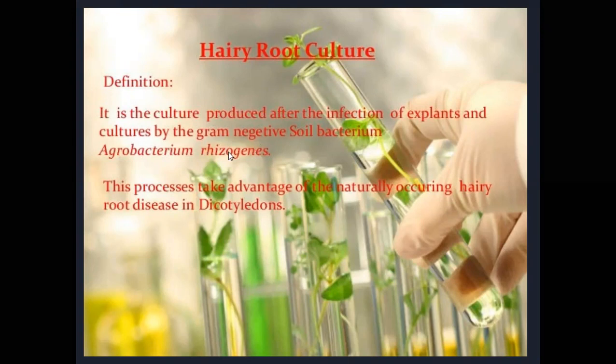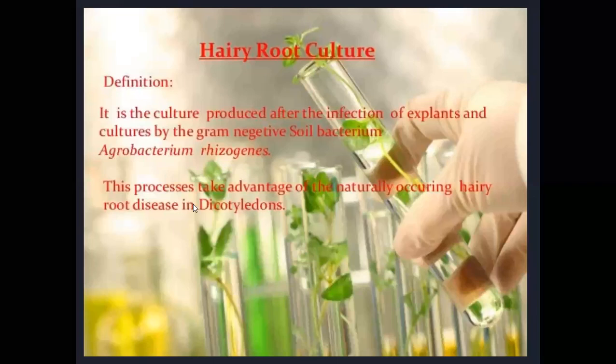When we add this Agrobacterium to the explant, automatically the explants produce only roots. The naturally produced roots are mainly healthy. They can produce secondary metabolites by the hairy root culture.